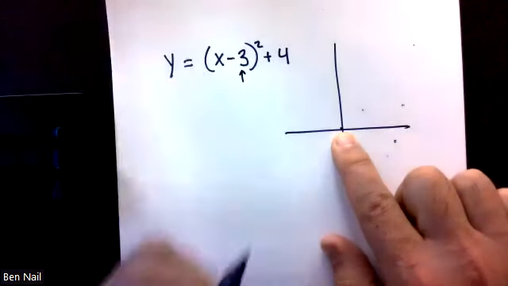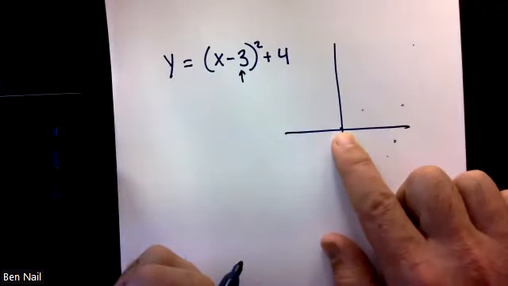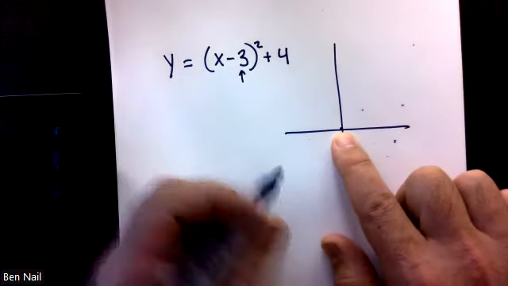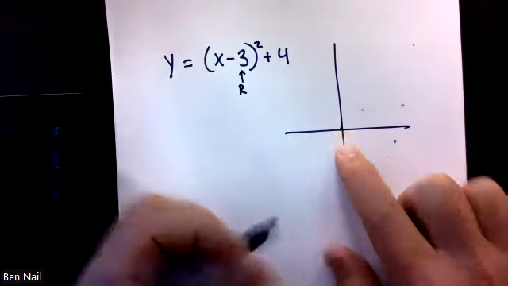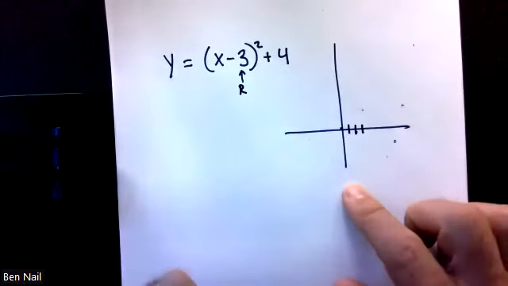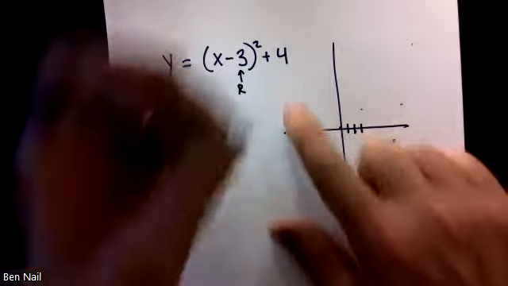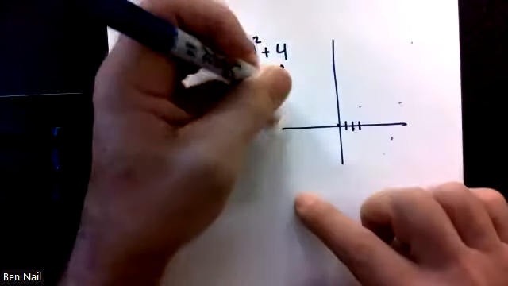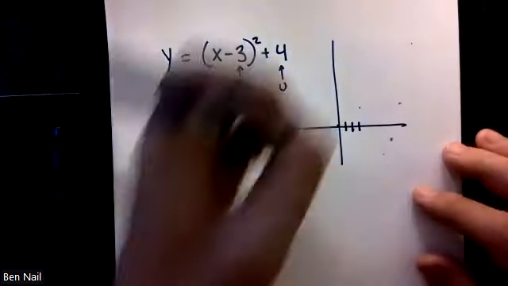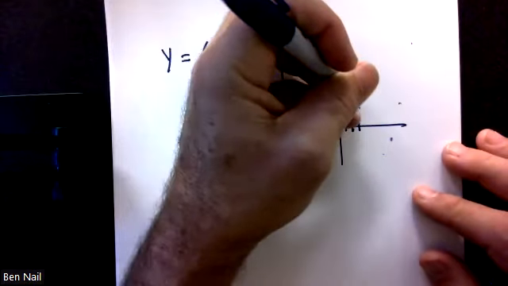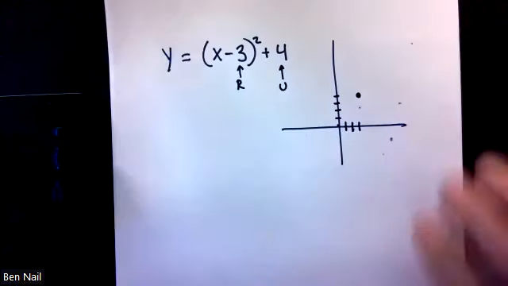Remember, this number shifts you left or right. If that number is a negative, that's actually going to shift you, in this case, to the right 3 units. This number out here shifts you up or down. If you see a plus, that's actually going to shift the whole thing up. So we're going to shift up 4 units.